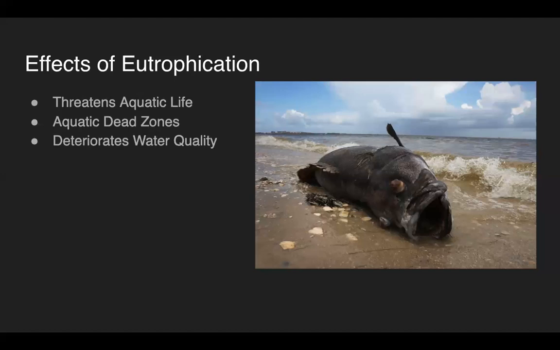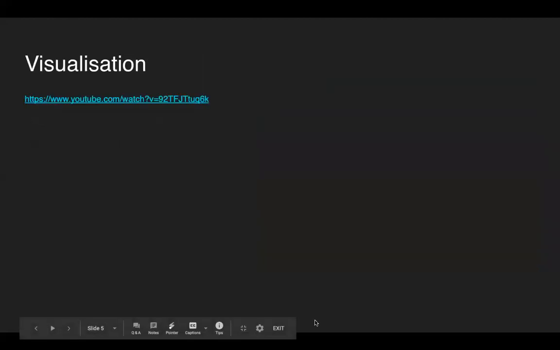The growth of phytoplankton also causes reduced light penetration into lower depths of water, which brings about dead zones where plants under these massive decomposing algal blooms can't get any light, which stops them from growing. And then, dead zones and deteriorating water quality.